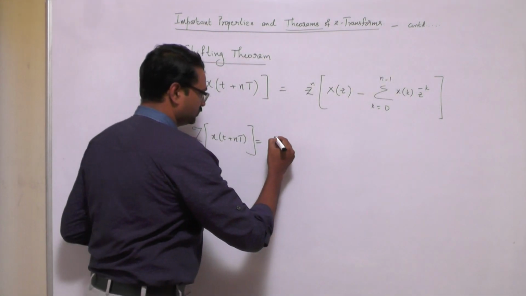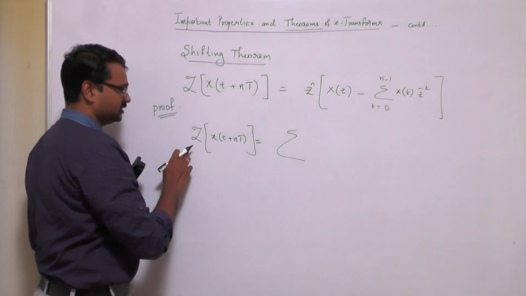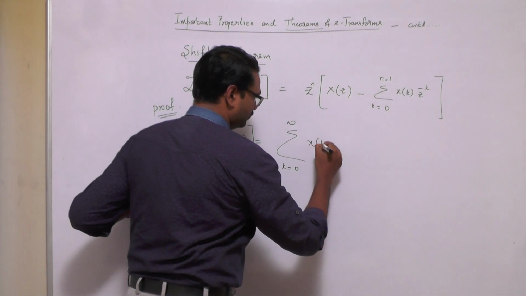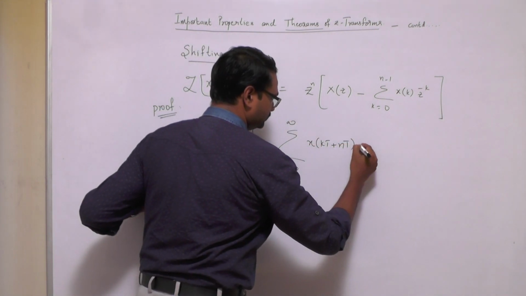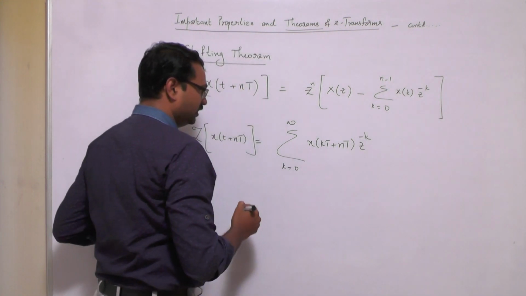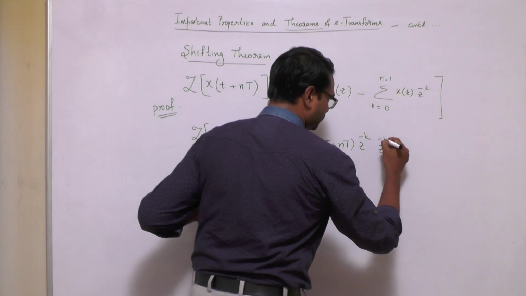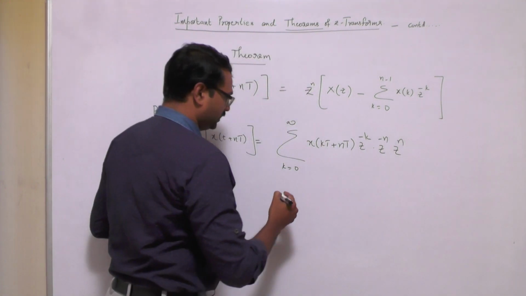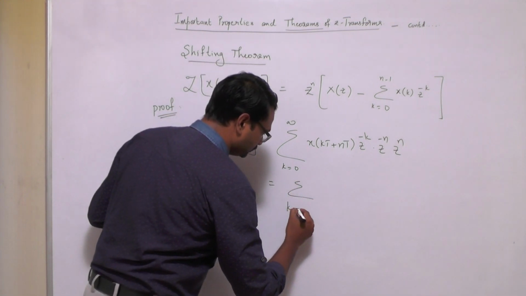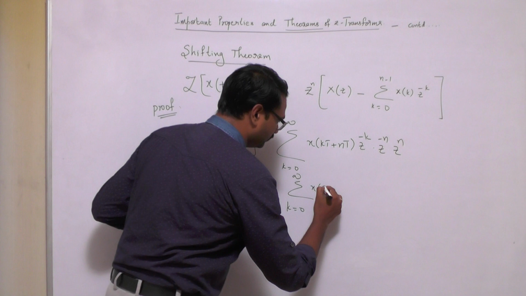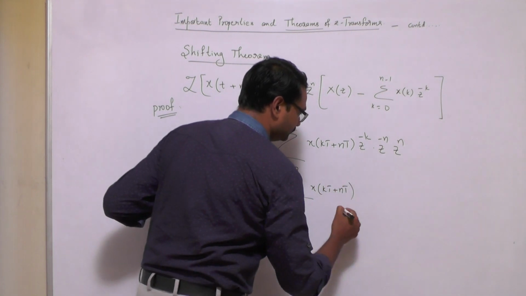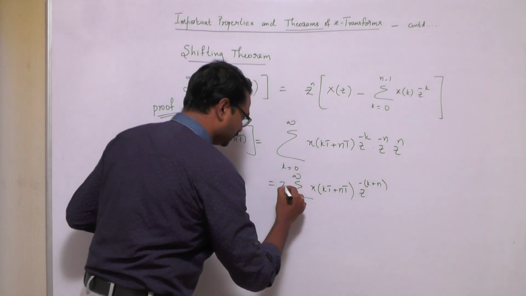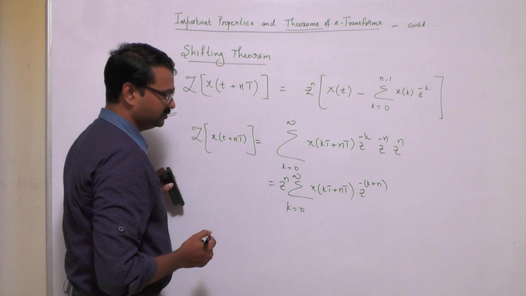By definition of z transform, x of t plus nt, sigma k is equal to 0 to infinity x of kt plus nt z power minus k. For this, if I multiply z power minus n and z power n, then I can write this equation as sigma k is 0 to infinity x of kt plus nt z power minus k plus n, and z power n I can bring outside of the summation.